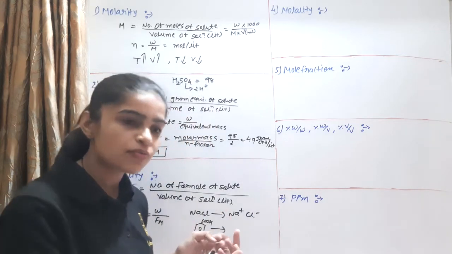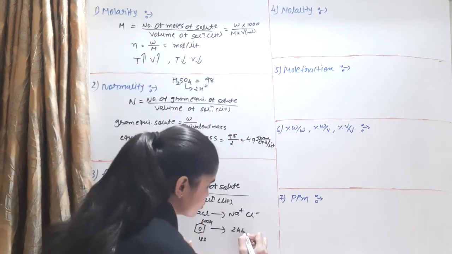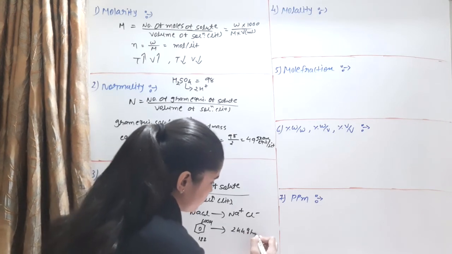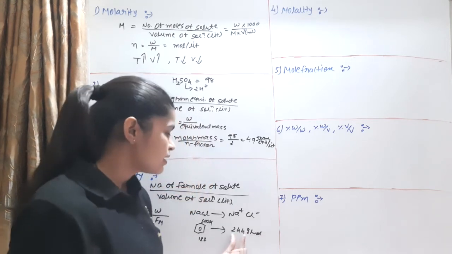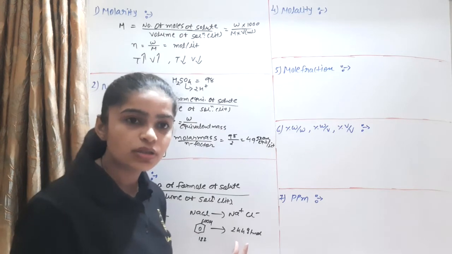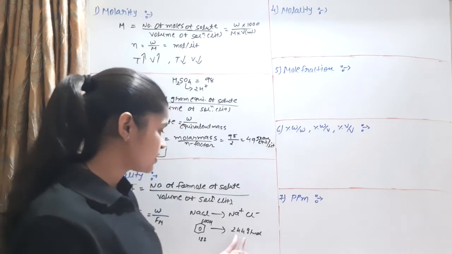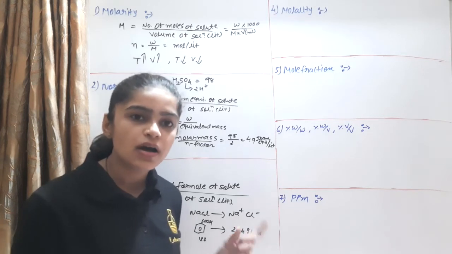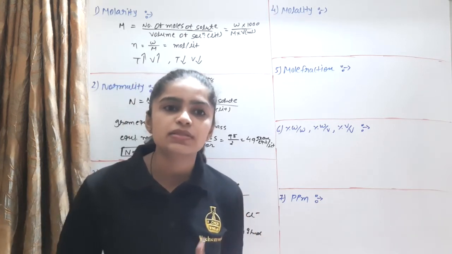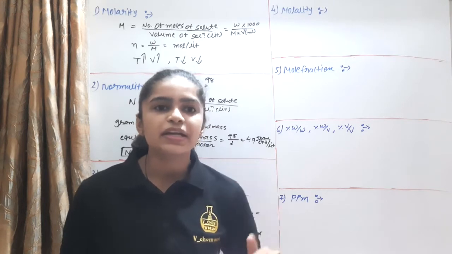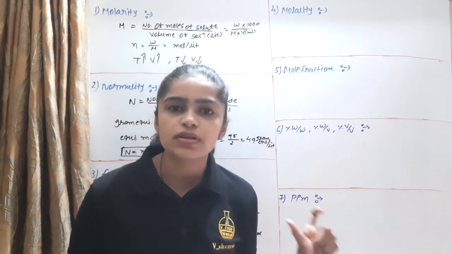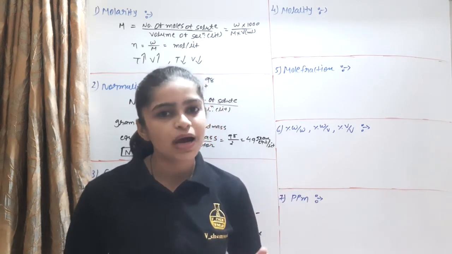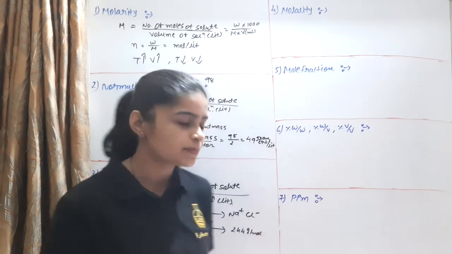So its dimer form's formula mass is 244 gram per mole. That means 244 is more than 122. That is the formula mass. That way we find out the formula mass. Any compound when dissociated or associated in its original solution gives the formula mass.